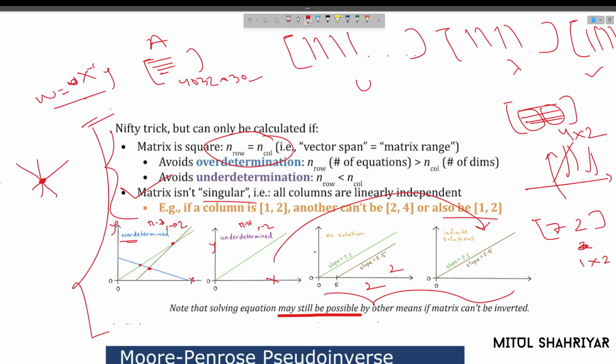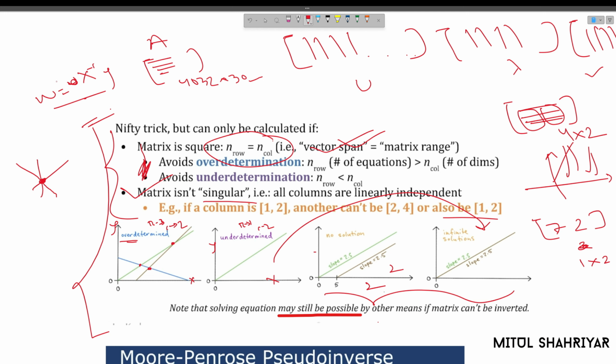A matrix is square when the number of rows equals the number of columns, and there are a lot of rules to be avoided. So these are the scenarios when we can't get the solution, but note that solving the equation may still be possible by other means if the matrix can't be inverted. Especially in these scenarios, we can't get the inverse matrix either.